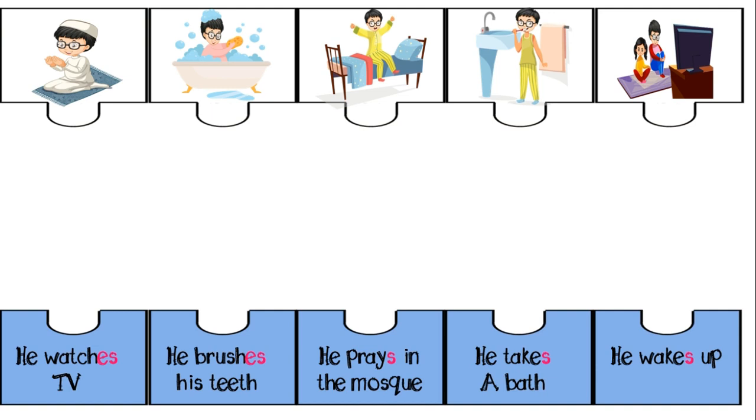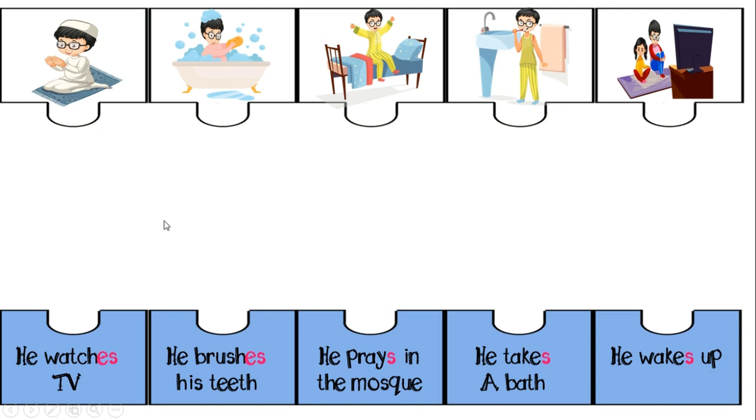Okay? We have a set of puzzles and you have to put each picture with the right sentence. We've got here he watches TV, he brushes his teeth, he prays in the mosque, he takes a bath, he wakes up. Okay?